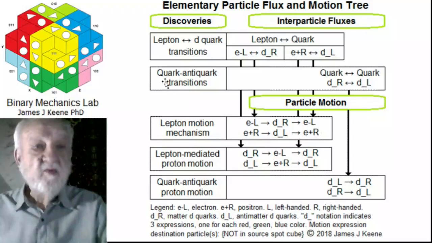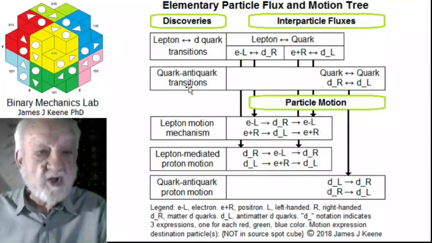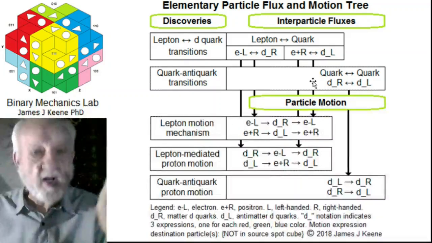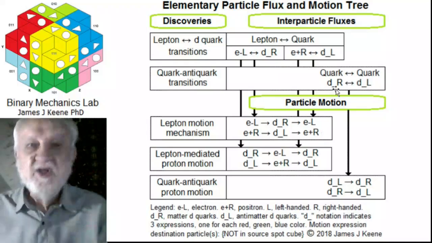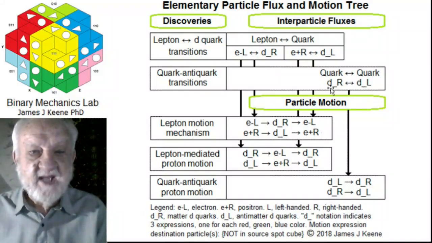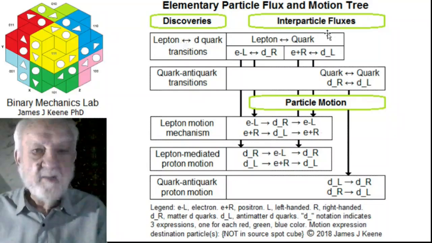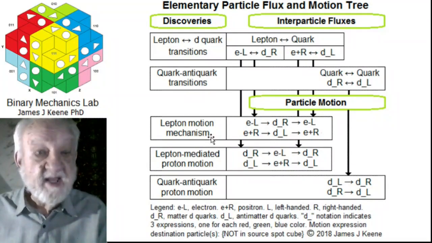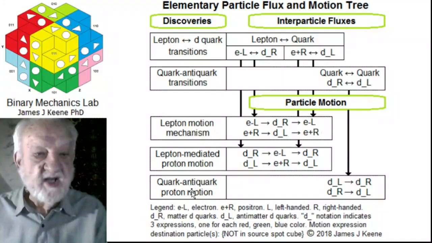Further, we have quark and anti-quark transitions which are possible, which means that individual one states, or what I call quanta, can exchange between the right-handed d quark spots and the left-handed d quark spots. These elemental particle fluxes can then give us mechanisms of lepton and proton motion.